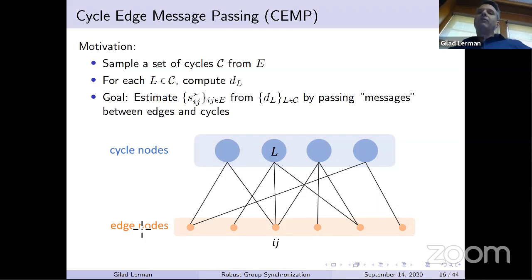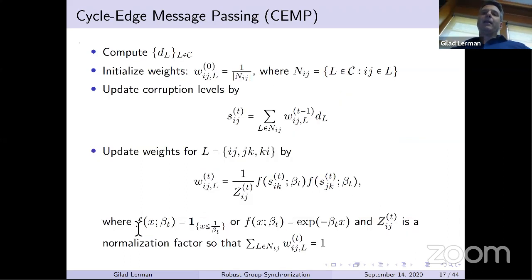So how do we actually pass messages? This is our technical idea, and I try to make it simple. We try to have the simplest thing: we estimate the corruption levels by the weighted average of the cycle inconsistencies. And the question is how to choose these weights.